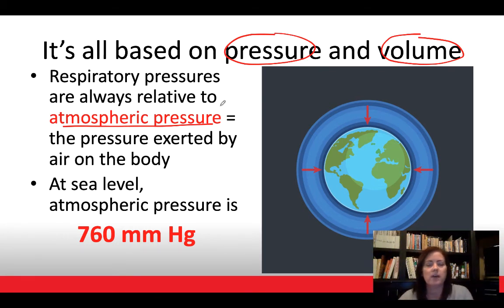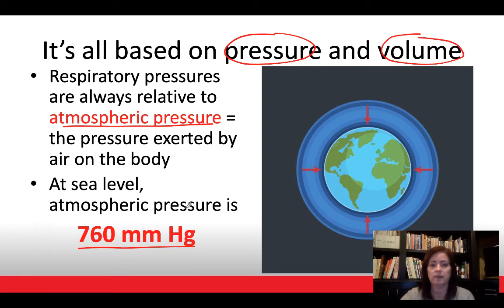Okay, so we base this on an atmospheric pressure of 760 millimeters of mercury. It's just like blood pressure. Pressure is always measured in millimeters of mercury. So atmospheric pressure at sea level is 760 millimeters of mercury. Okay, that's a number you need to know.